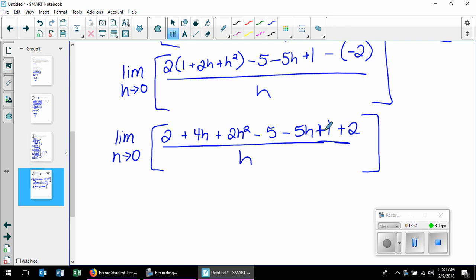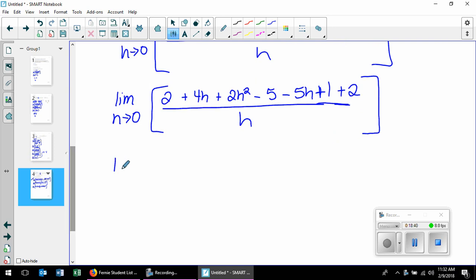All right, so we're going to combine like terms. I don't have any other h squared, so I'm good with that. It's basic algebra.